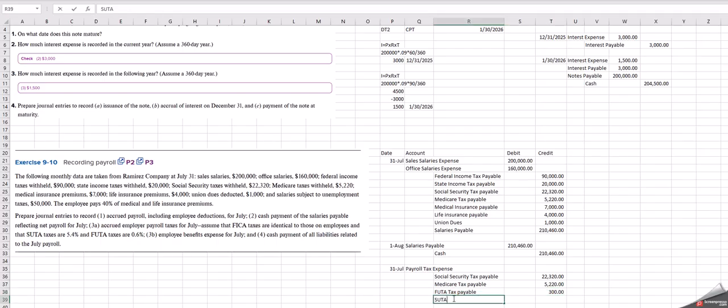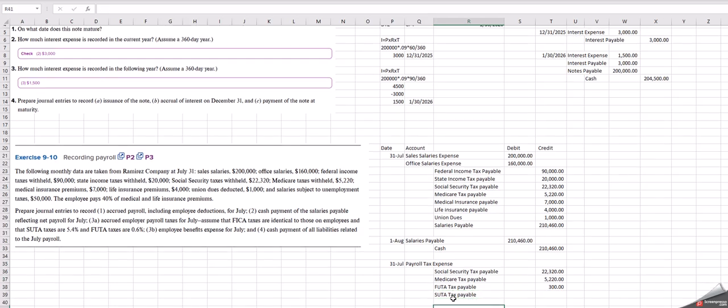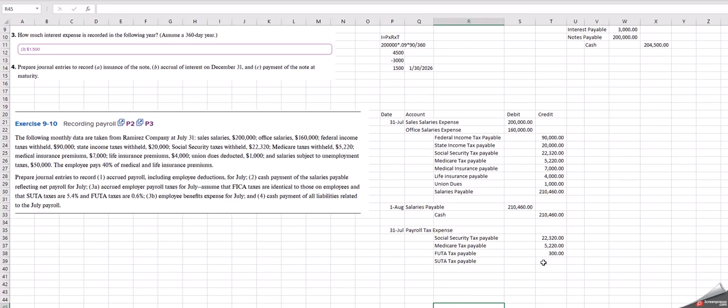And then if we have SUTA tax payable, let me just make sure those are all numbers. So that's going to be the 50,000 subject to unemployment taxes times 0.054, 5.4%. Too many zeros.